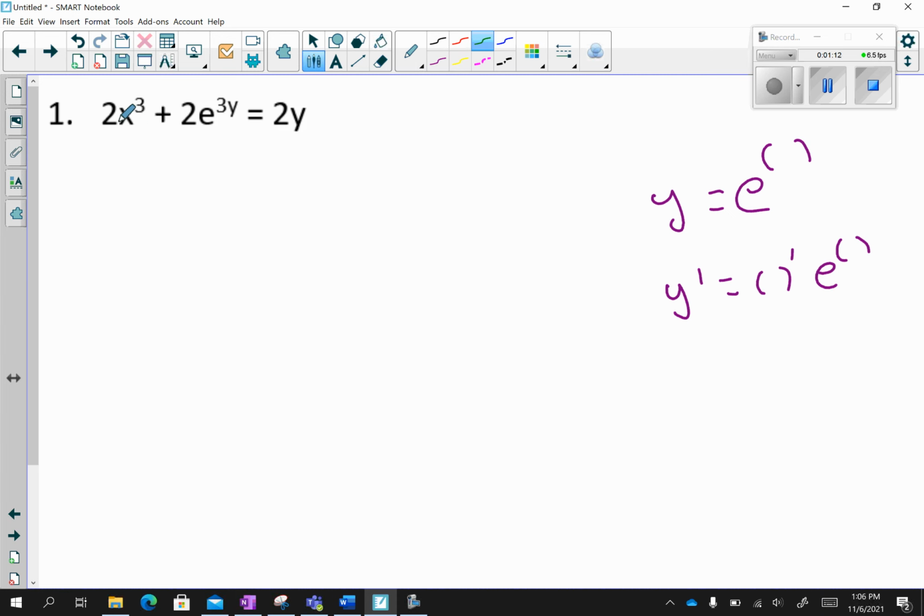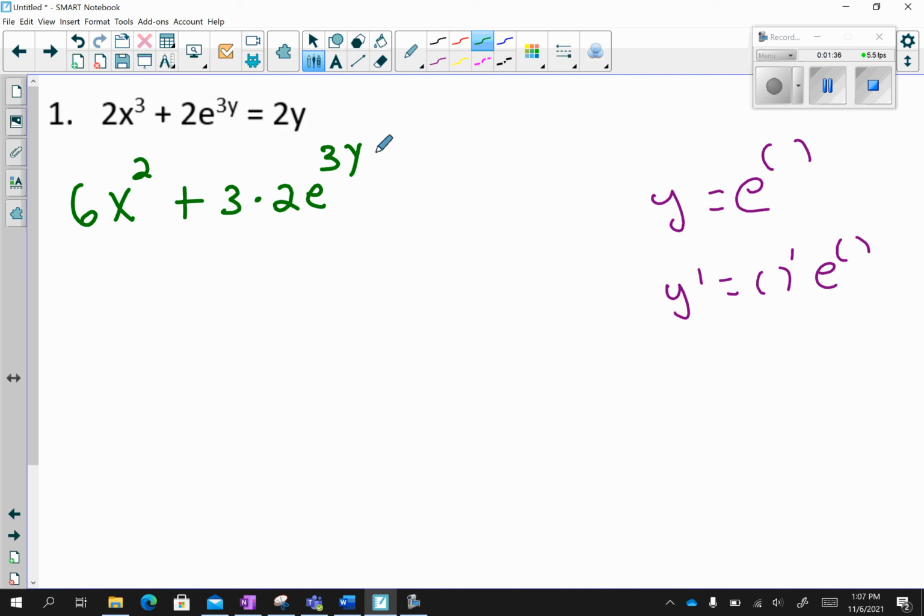2x cubed, well, there's just an x here, so this is 6x squared. Plus, well, now we have 2 times e to the 3y. So it's not just y, it's 3y, so we need chain rule. So derivative of 3y would be 3 times, we have 2, and e to the something is just e to the something.